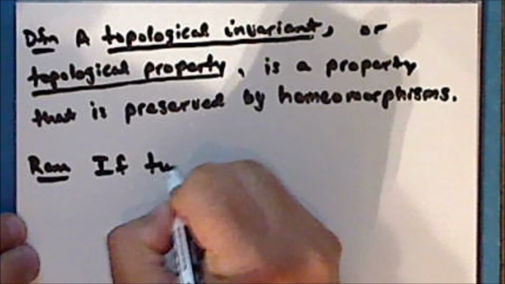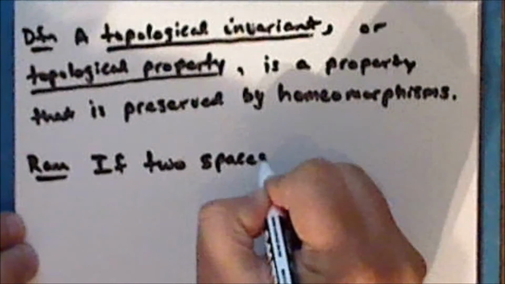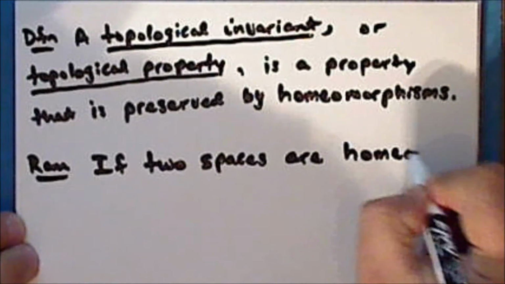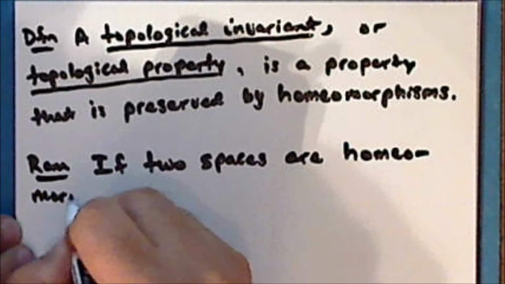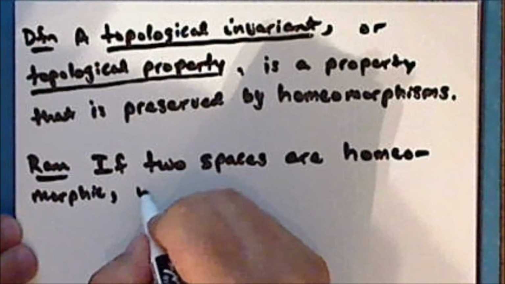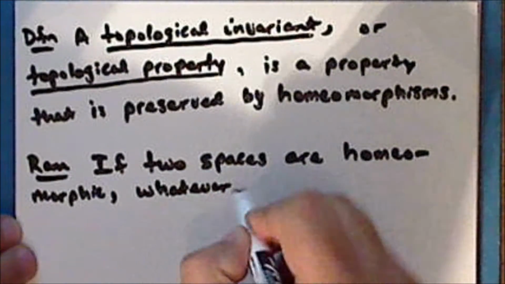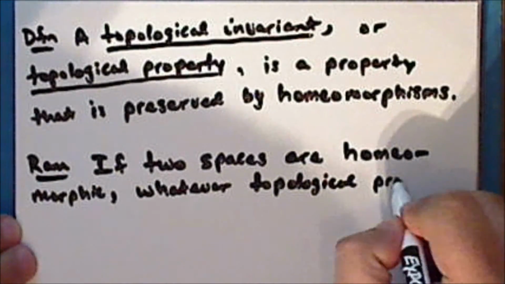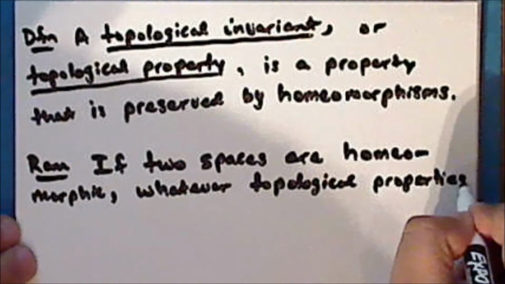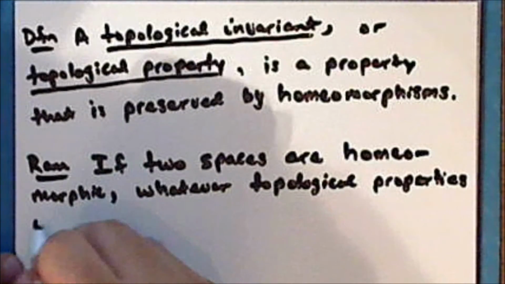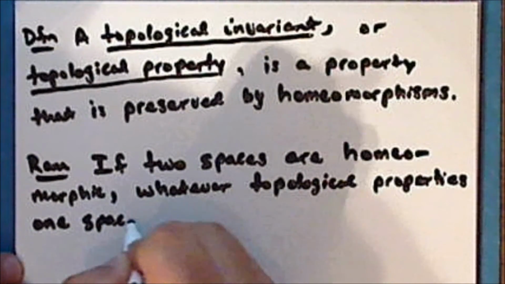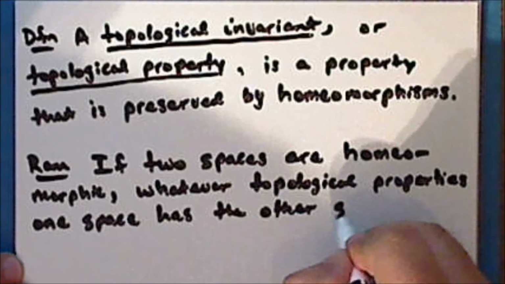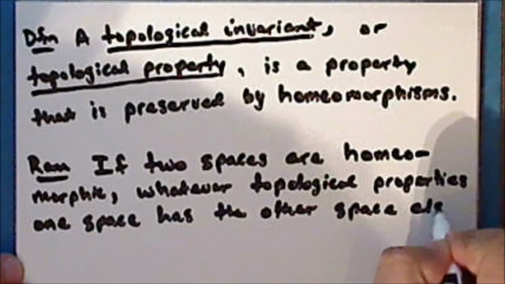So if two spaces are homeomorphic, then whatever topological properties one of the spaces has, the other space also has.